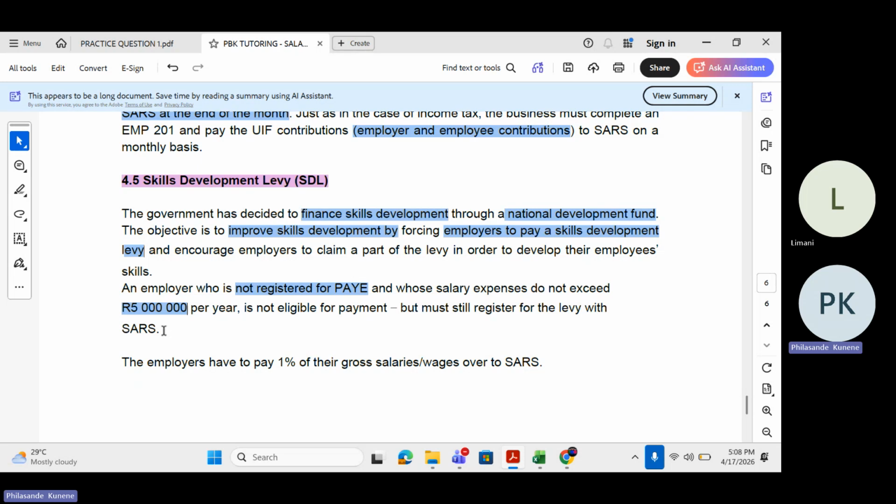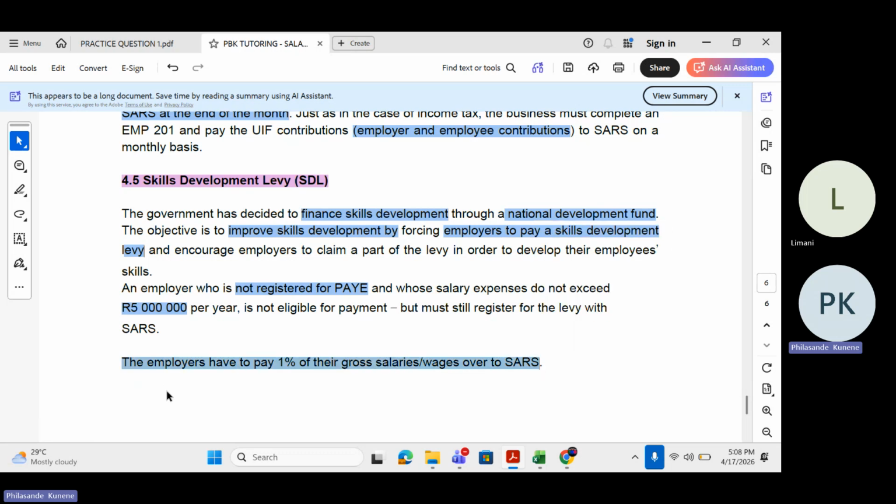But those employers who are paying people more than 5 million per year, we talk about big companies here, most probably Shoprite, Checkers. How many employees are working for them? I'm sure in a year they're paying more than 5 million to their employees. Then they have to register with SARS to pay the skills development levy.